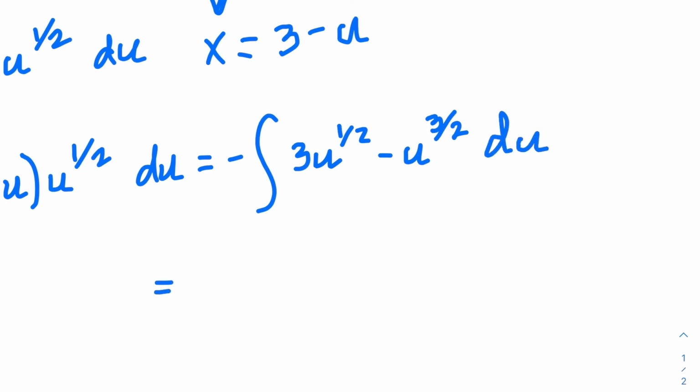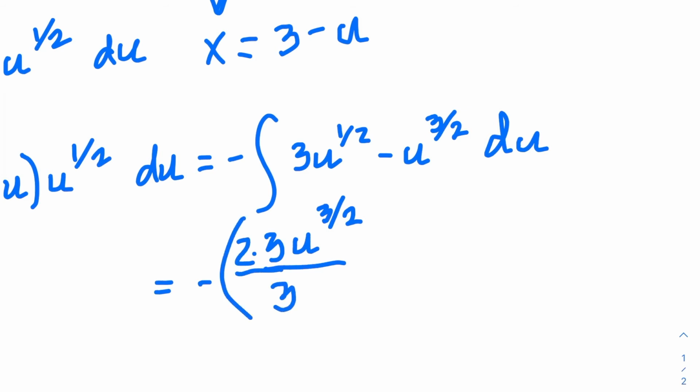So when we integrate this, we'll have negative 1 times, so this integral will be 3u to the 3/2 times 2/3. I'll write it out and then simplify afterwards. We add 1 to the exponent, and then when you divide by 3/2, that's the same thing as multiplying by 2/3.